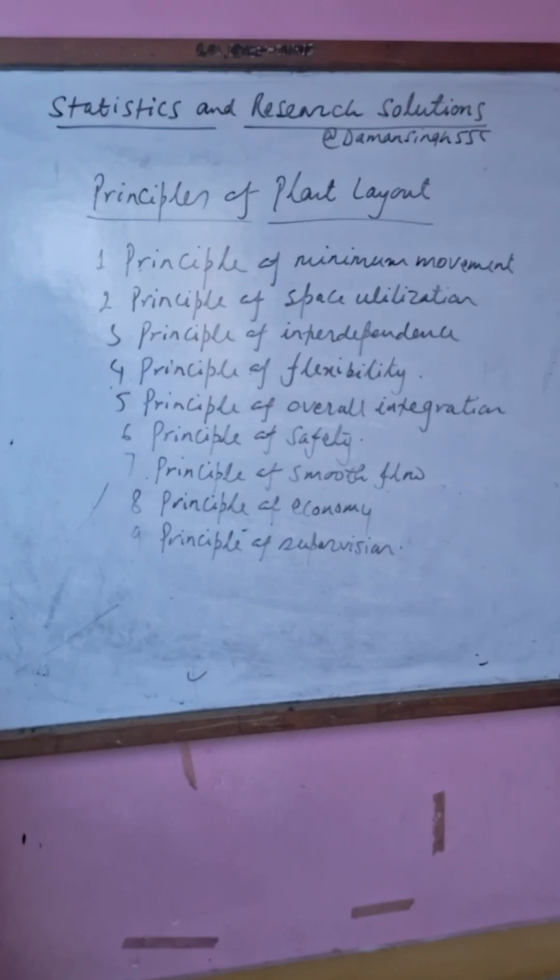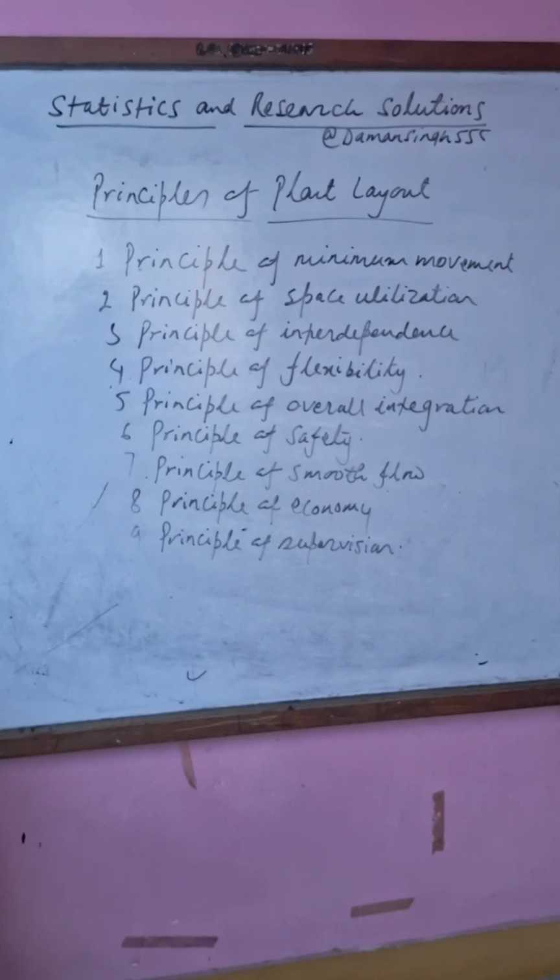Principle of safety. So safety is one of the very important things which we consider during plant layout. When human beings work with the machine, and if there is an accident and some physical part is damaged, then it is a very serious case.